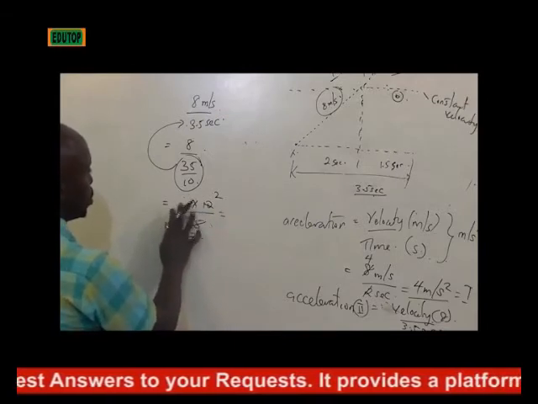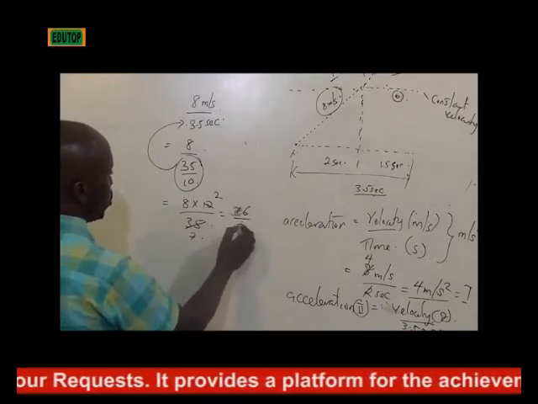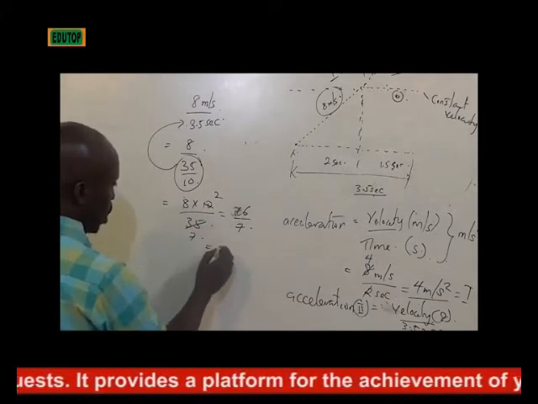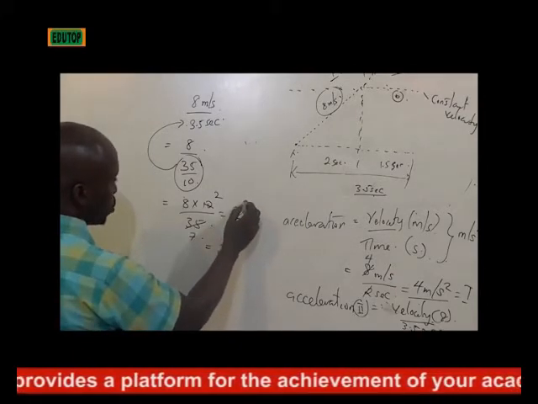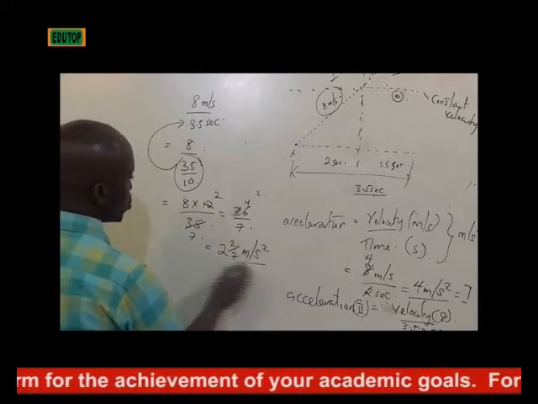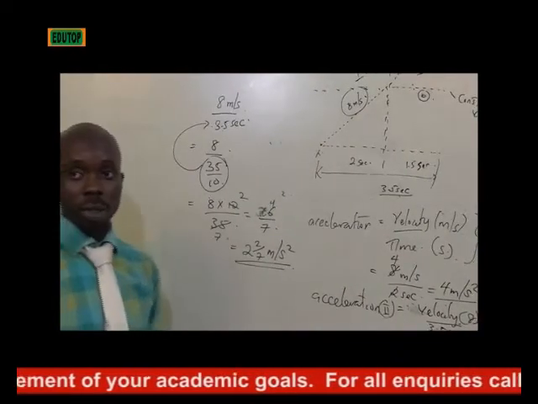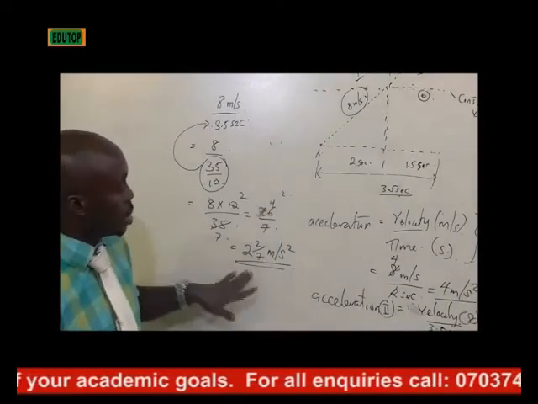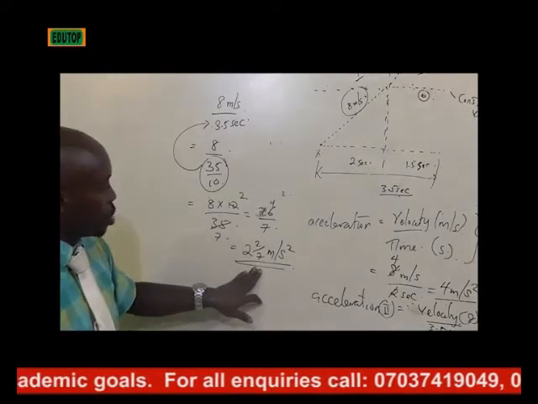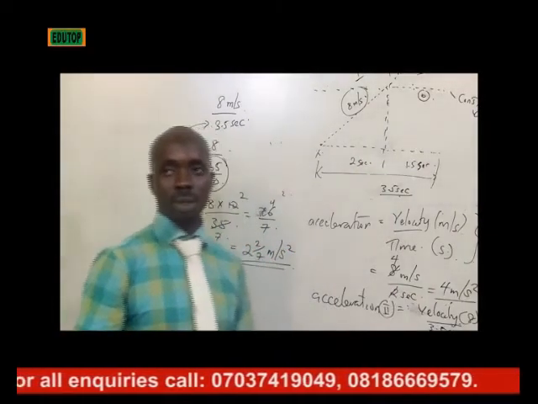So you have 8 times 2, which is 16 over 7. If you divide, you have 2.29, that is 16 over 7 meters per second squared. This will be your second acceleration. So that is the second acceleration that will have been gotten, while the first acceleration is 4 meters per second squared.